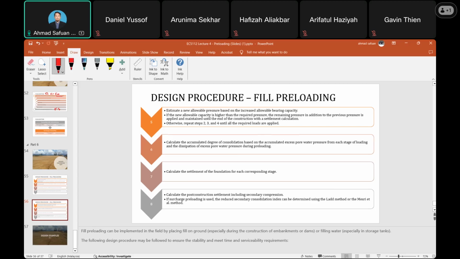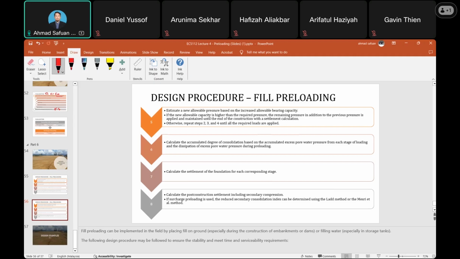So it's more related to estimating the post-construction settlement. So how to get the value? We need to use the secondary compression equations.